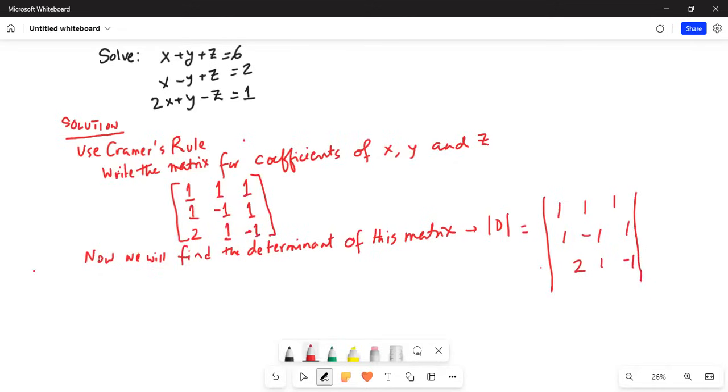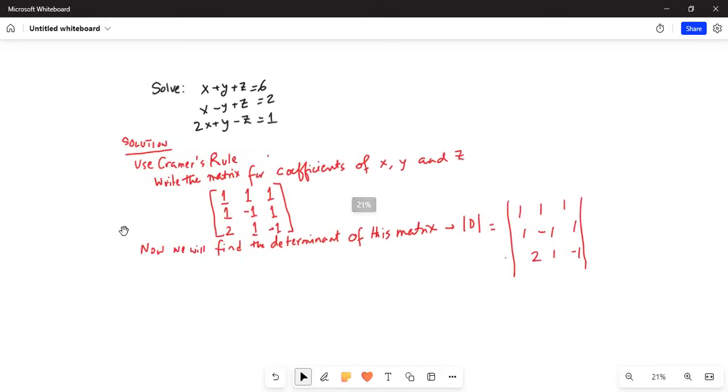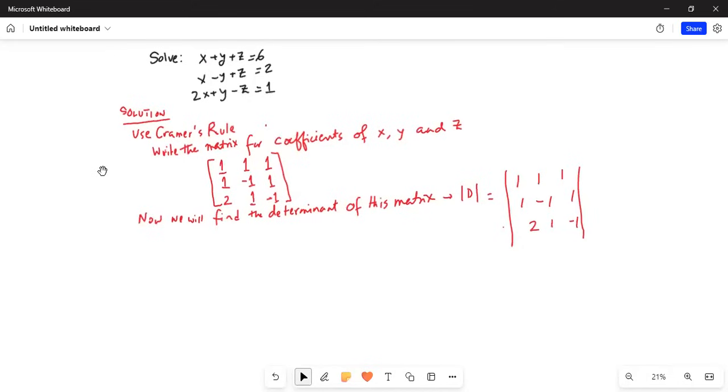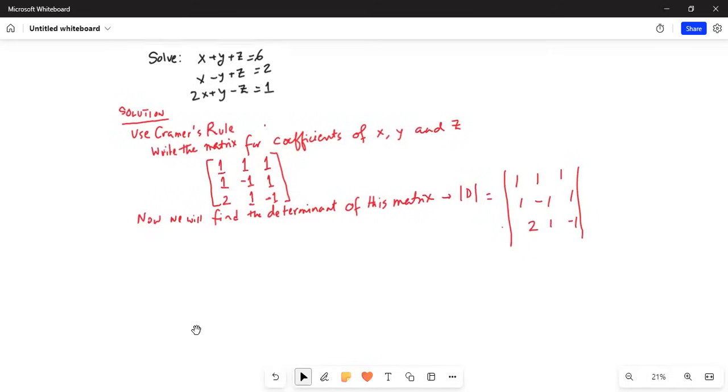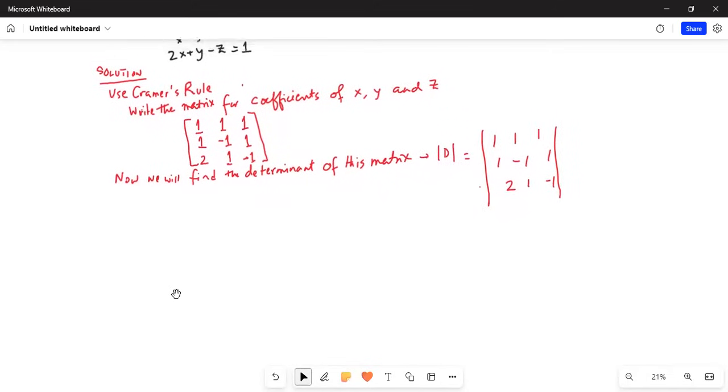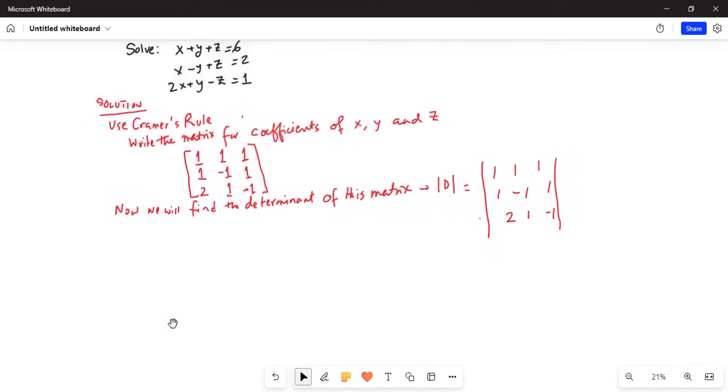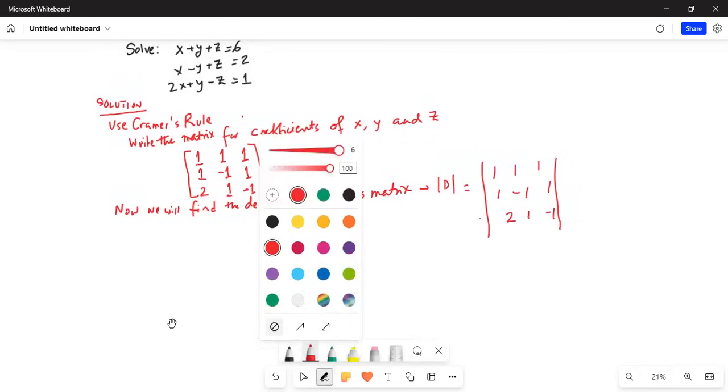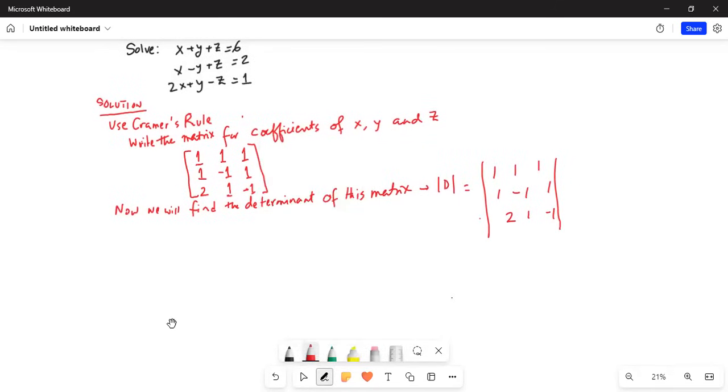So let me create some space. Move this a little bit up. Okay, going back. So, how to do it on the TI-84?